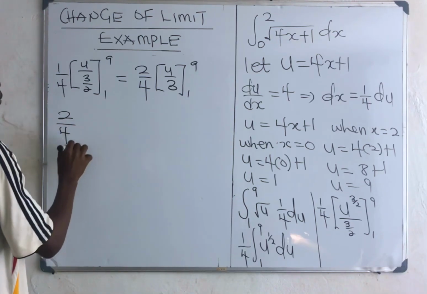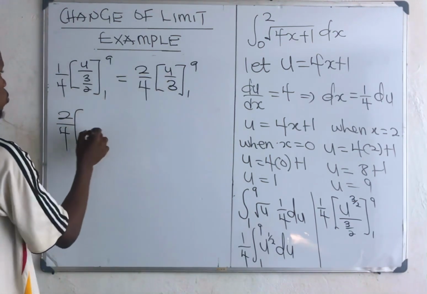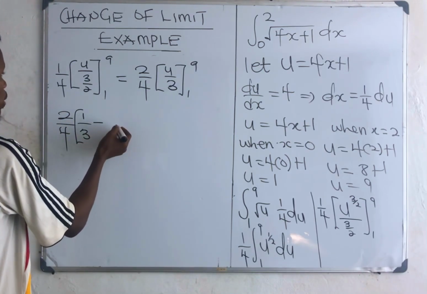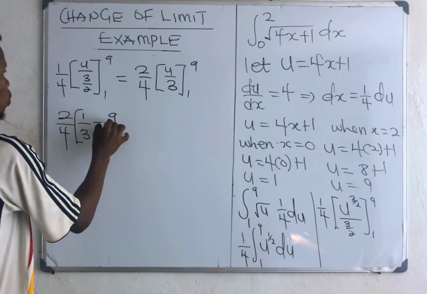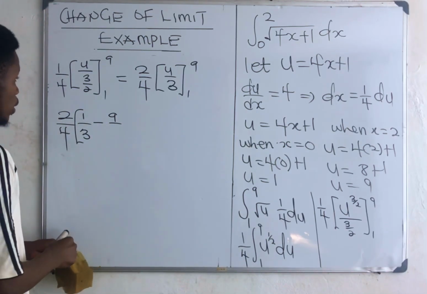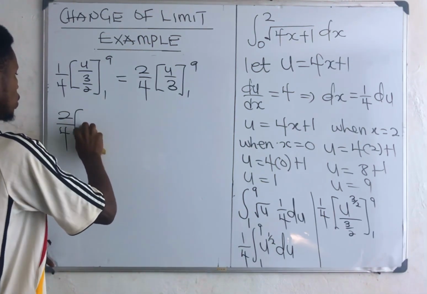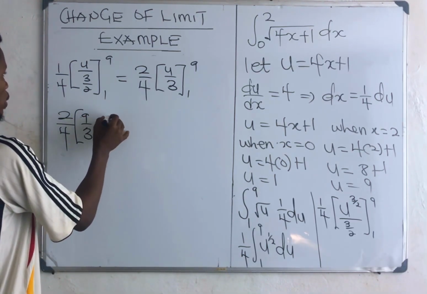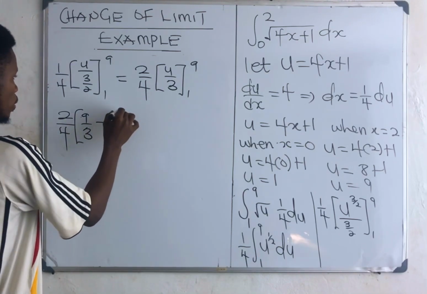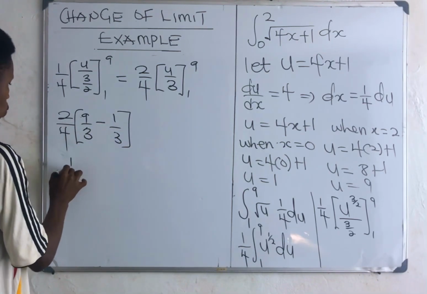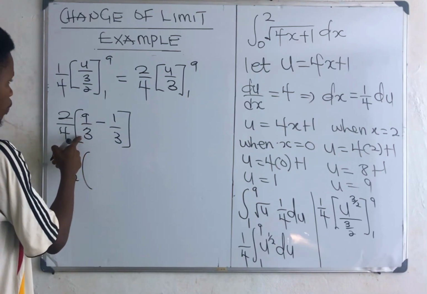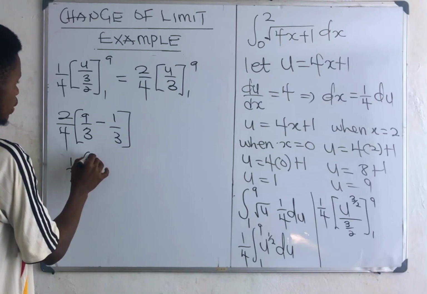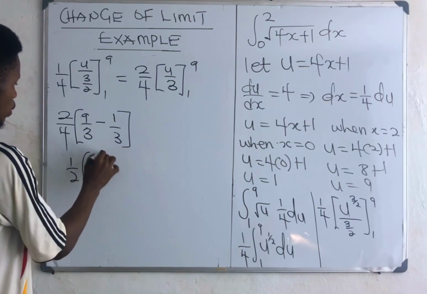So 2 over 4, with the upper limit first: the upper limit is 9, so it's 9 over 3, minus the lower limit 1 over 3. 2 over 4 is 1 over 2, multiplied by 9 minus 1 over 3, which is 8 over 3.